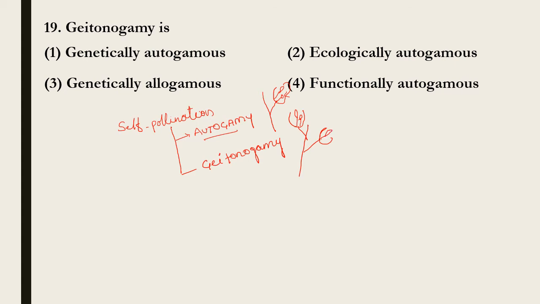I will explain the difference between a bisexual flower and a bisexual plant. So transferring the pollen grains from the anther to the stigma of another flower of the same plant is called geitonogamy. So both come under self-pollination. Hence, geitonogamy is genetically autogamous. That is, option 1 is correct.